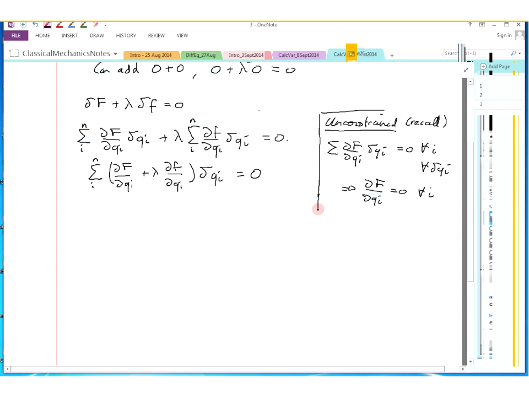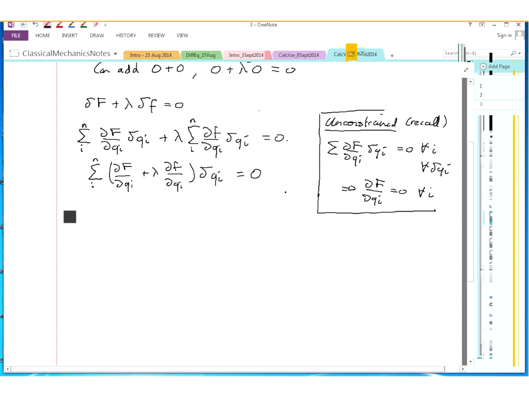That's no longer true now. We can't take arbitrary choices of delta Qi's because one of the delta Qi's has to depend on the other delta Qi's. So we can't just vary them independently. So these terms are not identically 0.